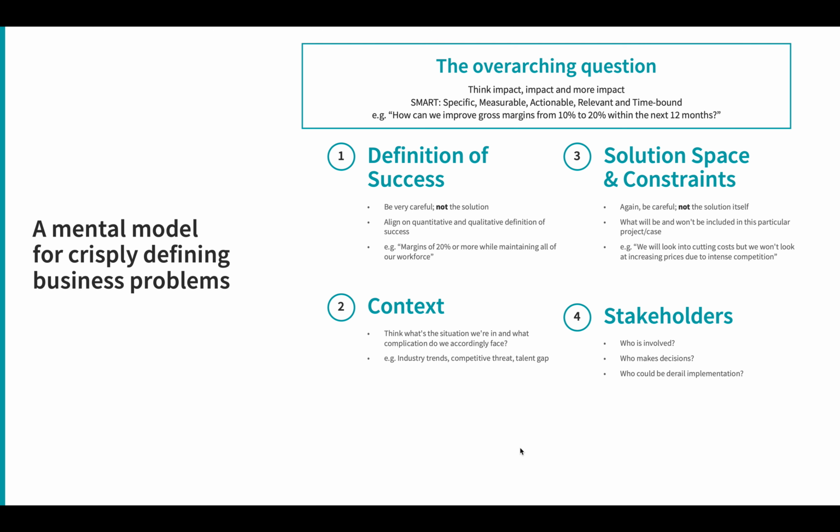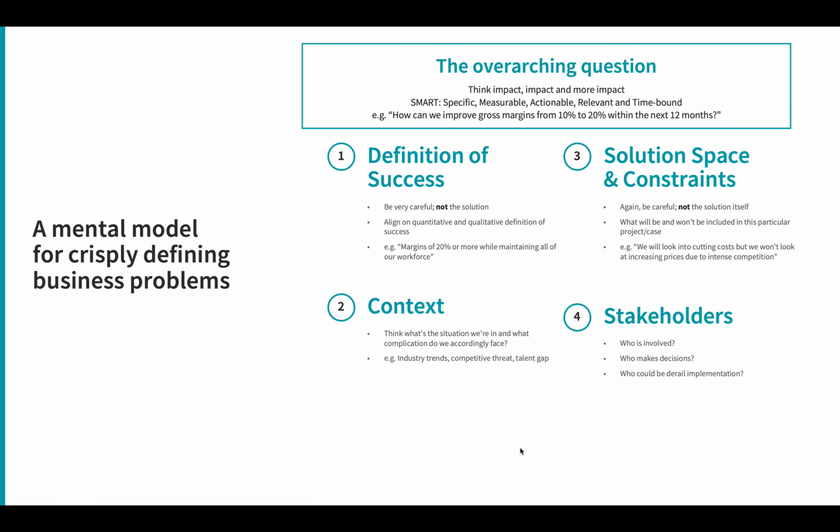So if you're doing a case or an actual project in real life where your client or your company is, for example, running out of cash, what is the root cause of running out of cash?